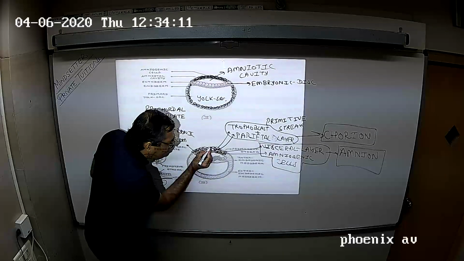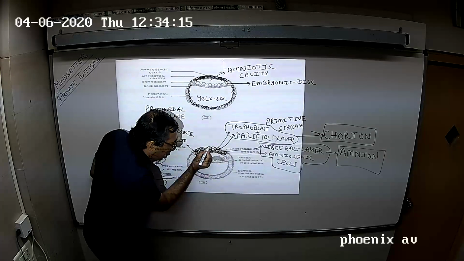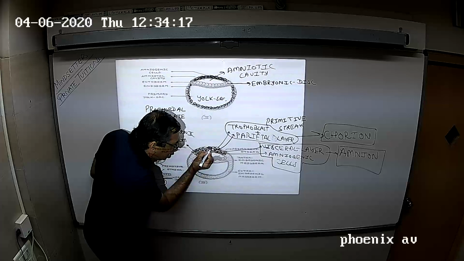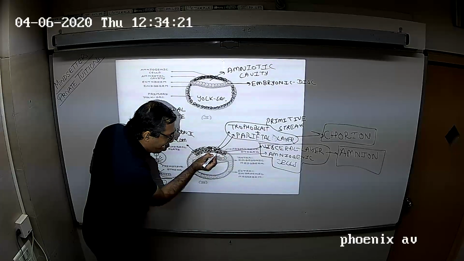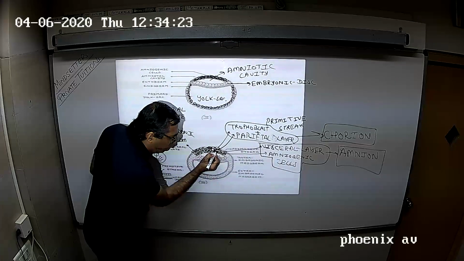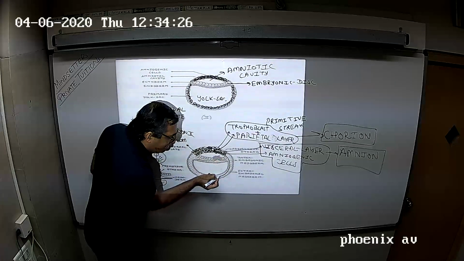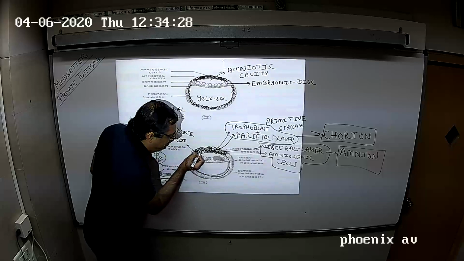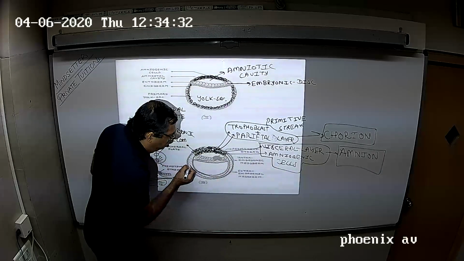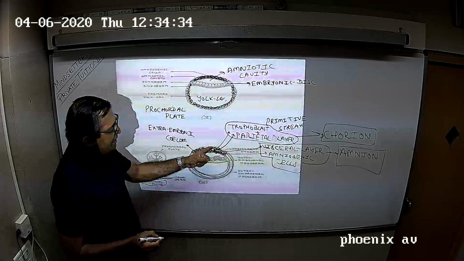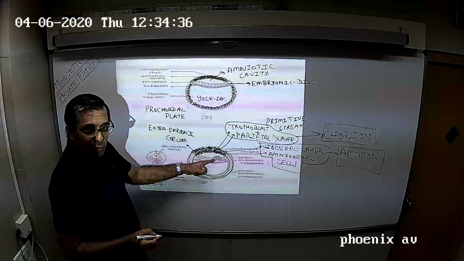So what do the trophoblast and the parietal layer form? The future chorion. What do the visceral layer and the amniogenic cells form in the future? A layer called the amnion. So this became the amnion, and this became the chorion. And it will surround the fetus in the future.